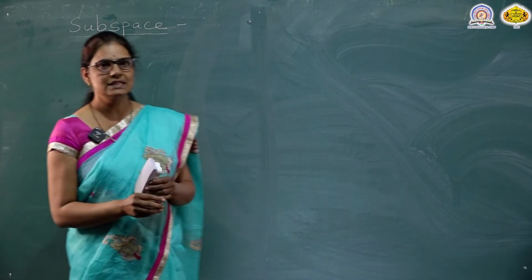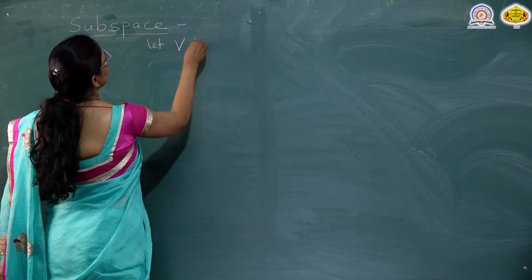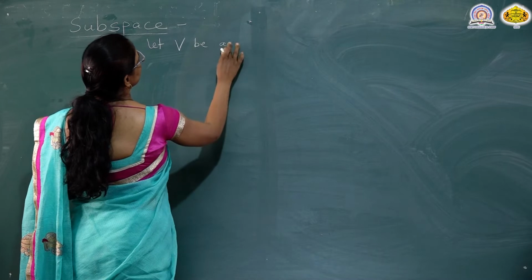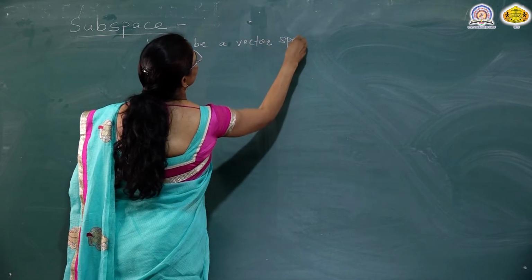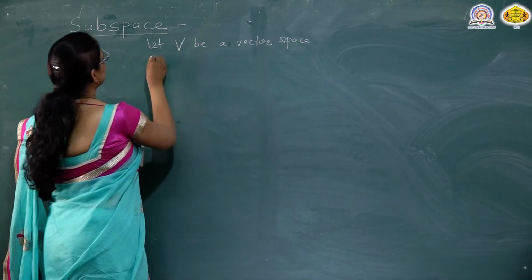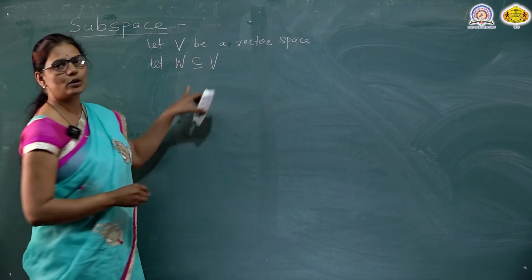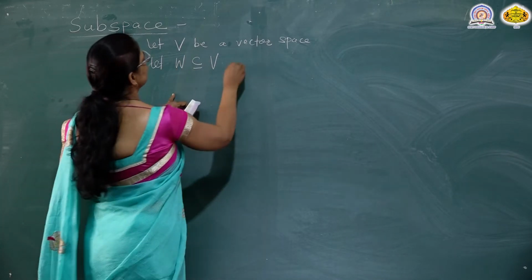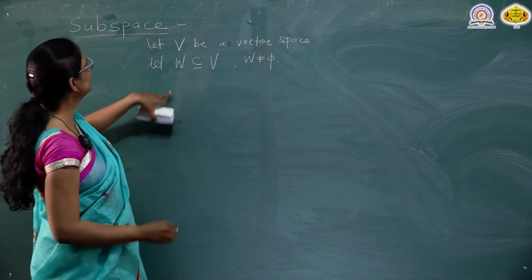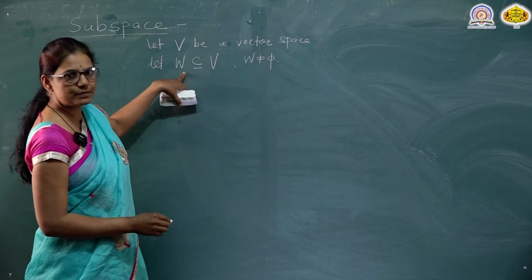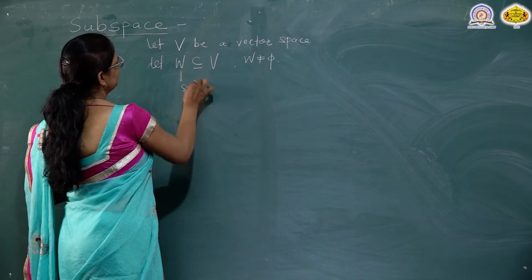So first consider a vector space. Let V be a vector space. Let W be a non-empty subset of V. This W, a subset of V, is said to be a subspace.